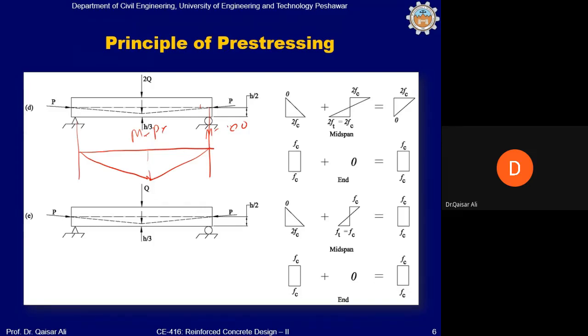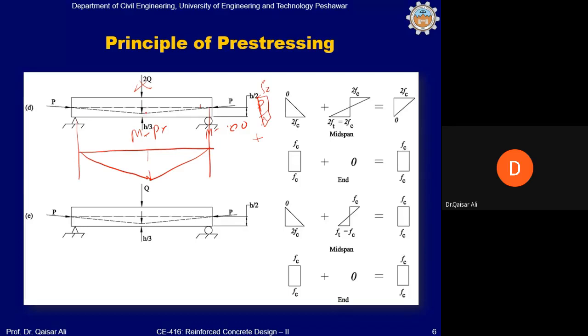Let's see what happens in this case before the application of load. Again, you will have P divided by A, Fc. This Fc will be all along the length of the beam. This will be constant, plus you would have maximum eccentricity at the mid-span, so P times E, which is the bending moment.